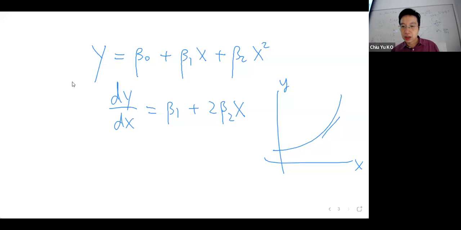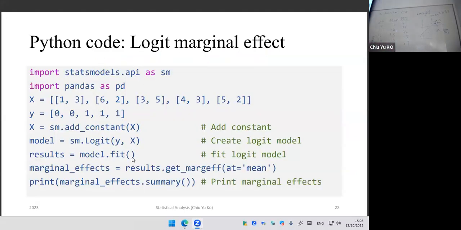So it depends on the location when you look at the marginal effect. When I ask what happens if you change x a little bit, how does y change? You compare two different values of x to different y. Then what we do in probit and logit, you call the marginal effect at the mean.